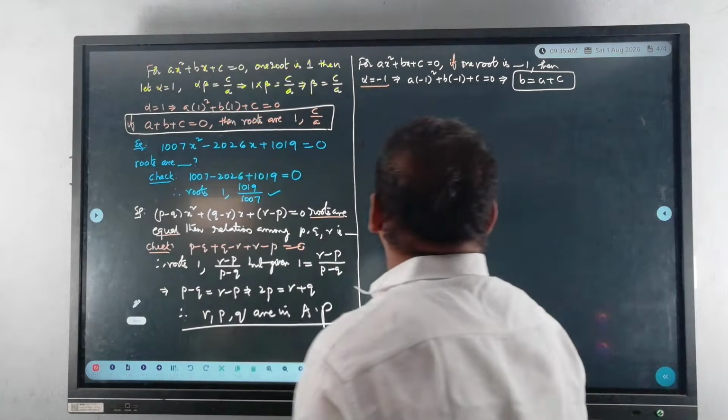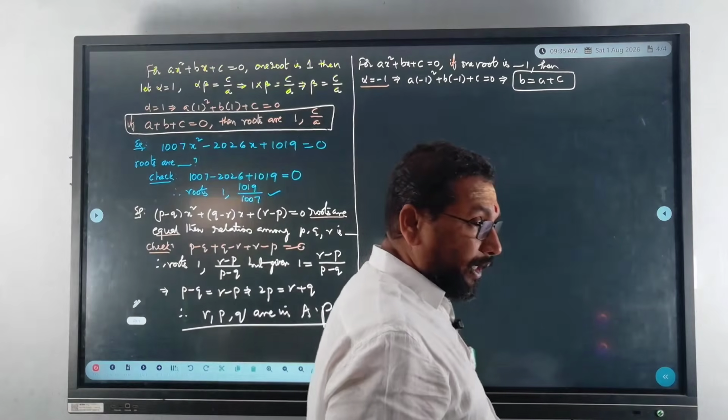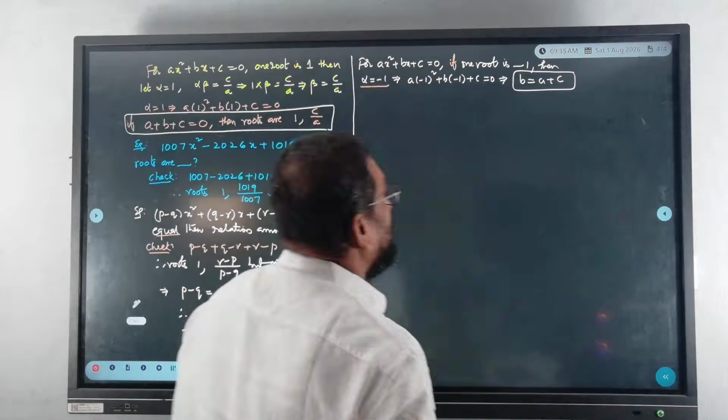So alpha is equal to -1, then the condition is b is equal to a plus c.